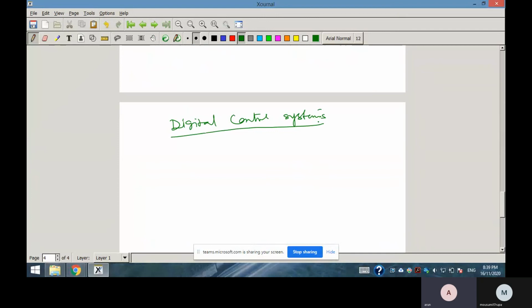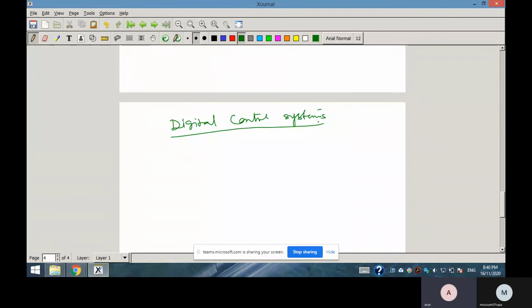Those are digitally implemented. All are digital processors used as controllers. So what is the advantage? Whatever complex control law is there, you can easily implement it using a digital processor. That is the advantage of this kind of digital implementation of controllers.